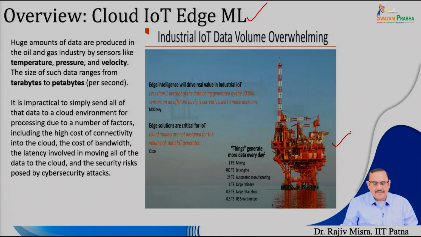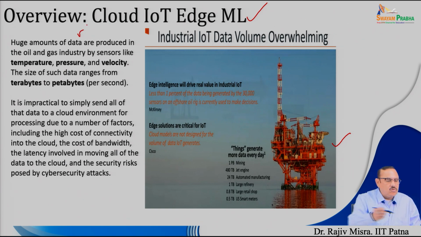Now, it requires automatic monitoring with the help of sensors. So, they are called industrial IoT sensors, and these sensors are deployed in a large number, and they often send the data regularly to the cloud.